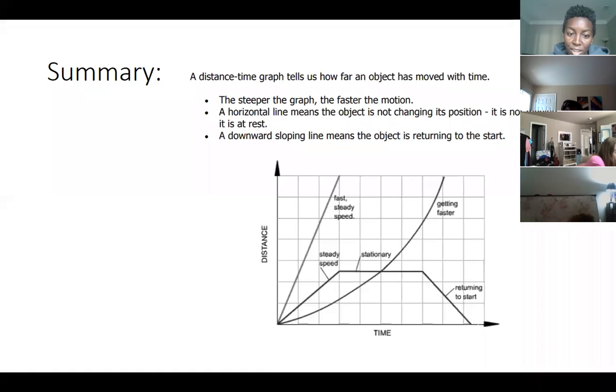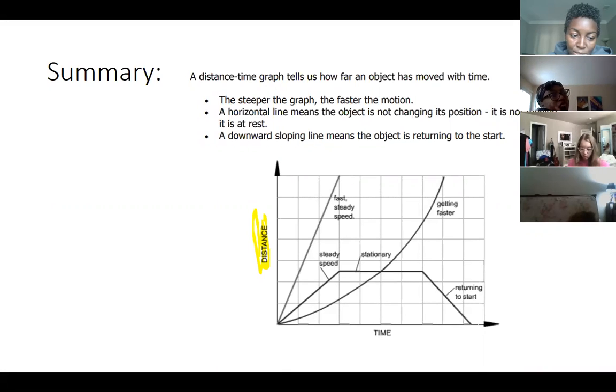All right, so remember we talked about those lines, okay? The first thing I want you to always look at is the y-axis. This tells us that we're dealing with speed, time versus distance.